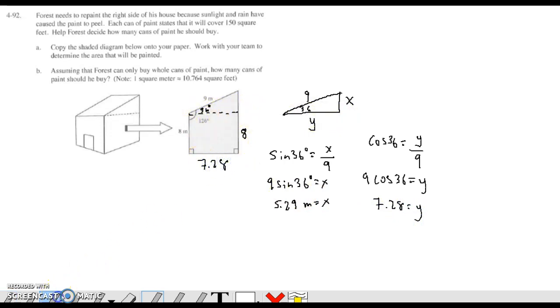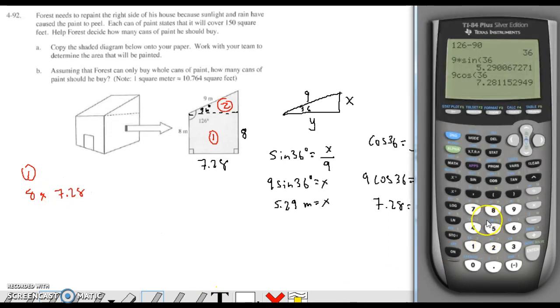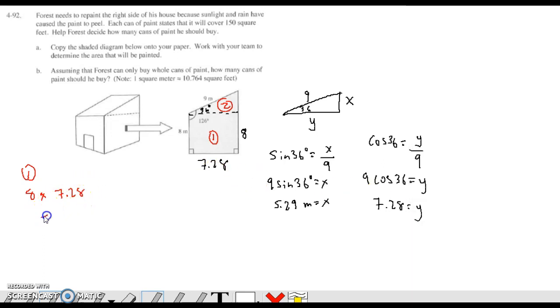All right, so again, I still need to find my area. So I'm going to call this area 1 and area 2. For area number 1, I'm going to multiply 8 by my 7.28. So 8 times 7.28. So the first area is 58.24.